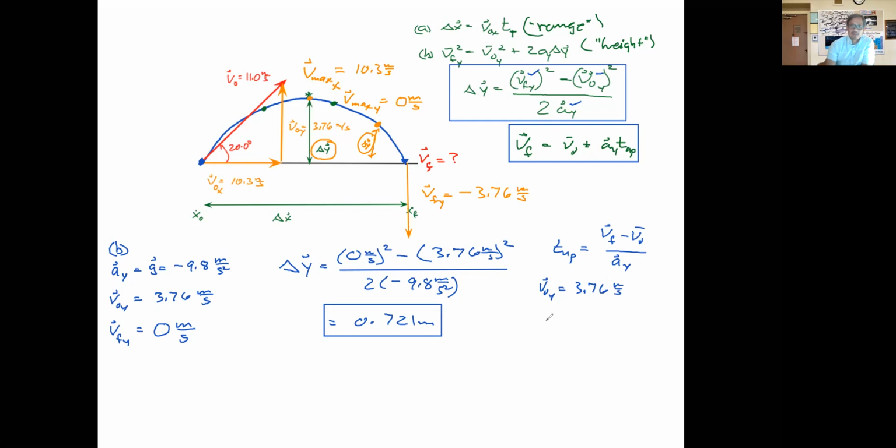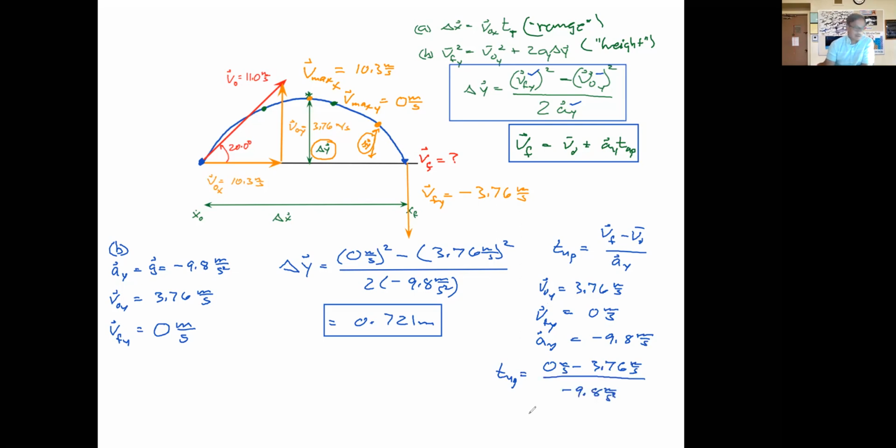For v final, if we pick the very top point as our final position, v final along the y is 0 meters per second. The acceleration along the y is the same, negative 9.8 meters per second squared. So we have everything we need to solve for the time it takes to go up. Let's plug this in: 0 meters per second minus 3.76 meters per second, divided by negative 9.8 meters per second squared.